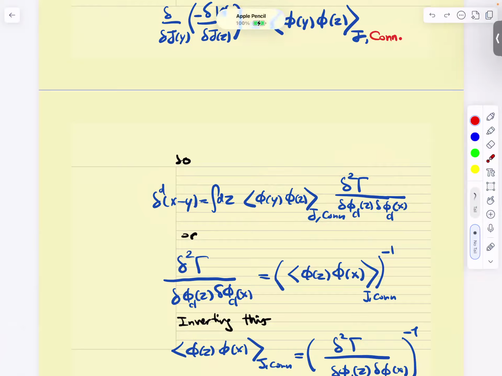This is something that's very useful in quantum field theory. So imagine you have matrix multiplication. You have A times B, where the IK element is the sum over J of A_IJ B_JK.